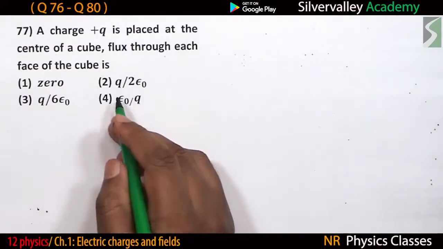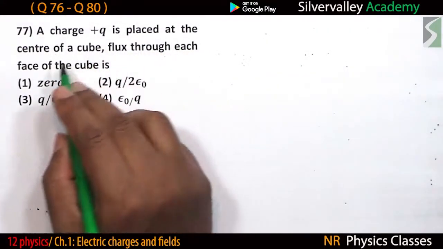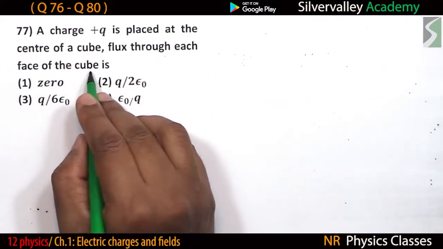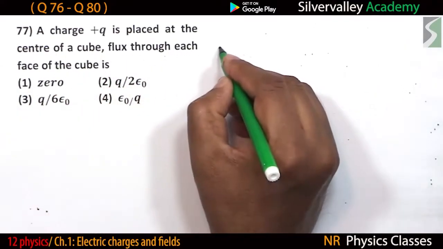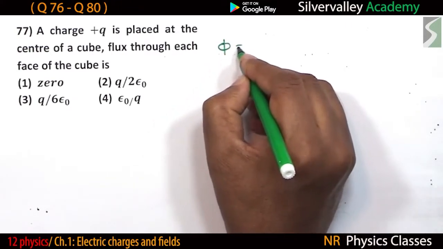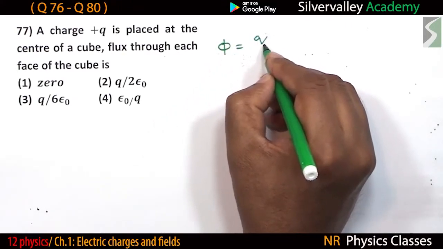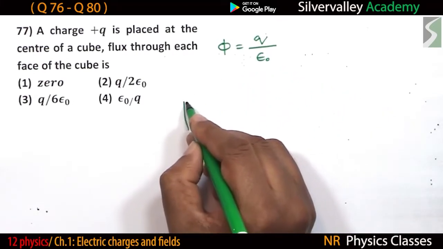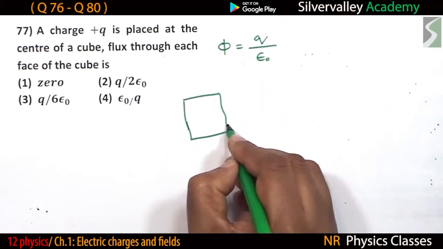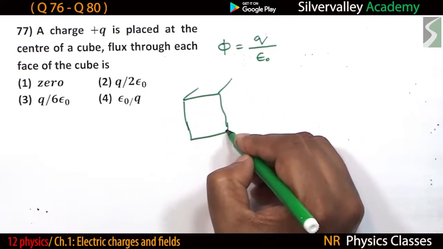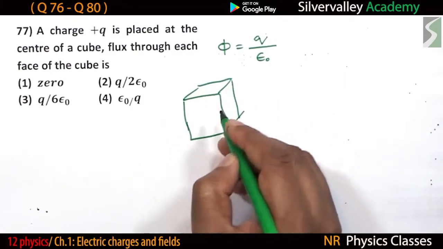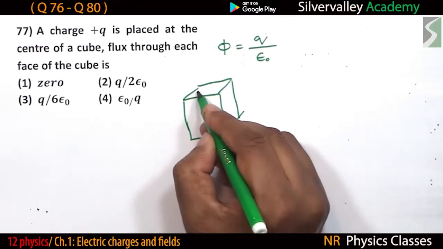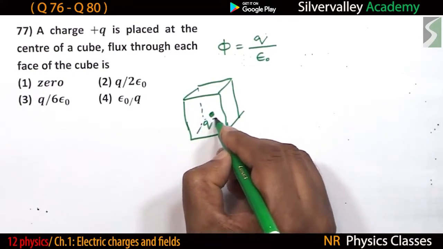A charge Q is placed at the center of a cube. Flux through each face of the cube is? So Gauss theorem: flux equals total charge enclosed by epsilon naught. If there is a cube and a charge at the center, the cube has 6 faces.